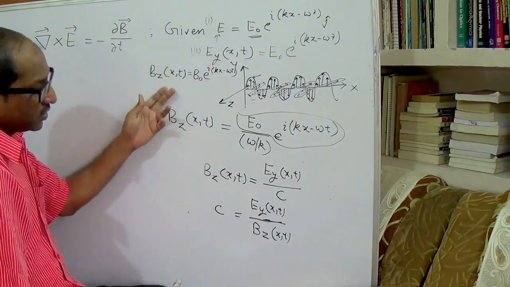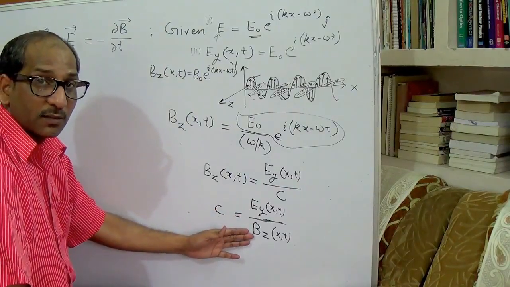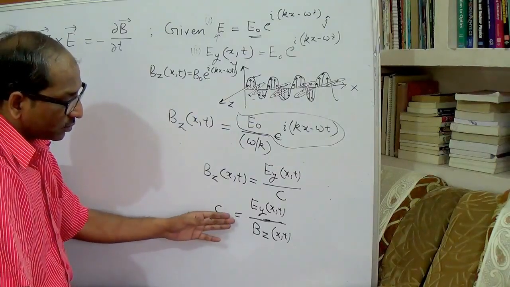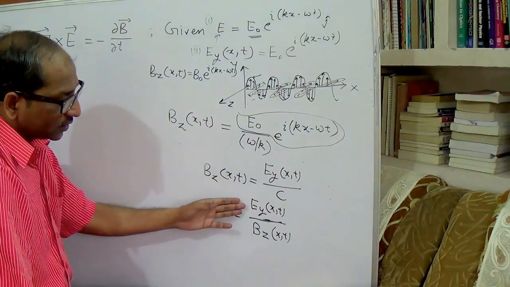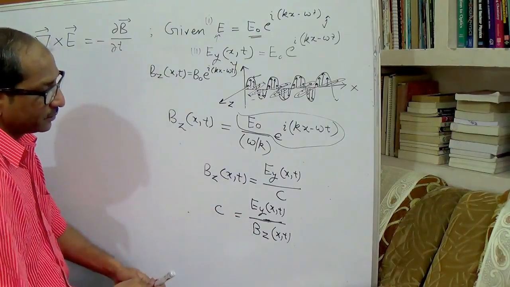So Ey and Bz are the electric field component and magnetic field component. So c, the speed of light, is basically equal to the ratio of the electric field component and the magnetic field component.